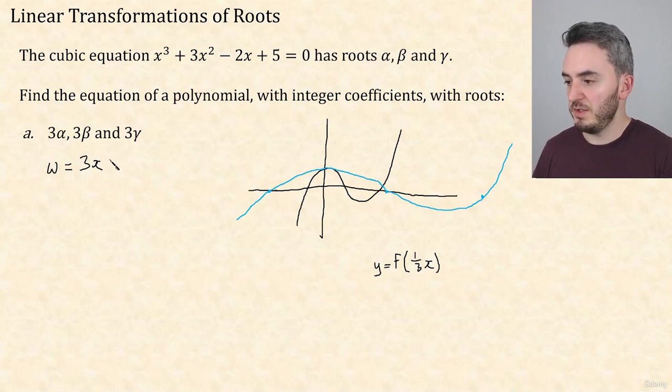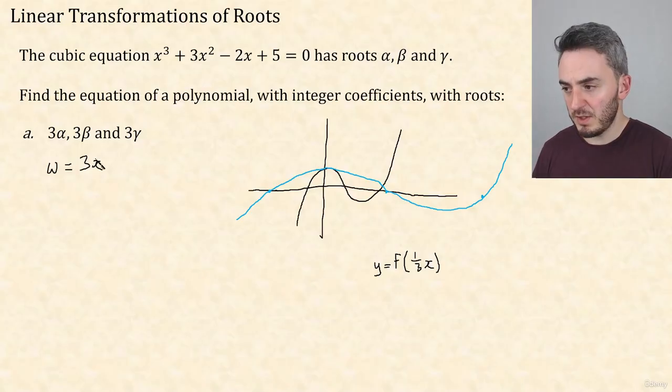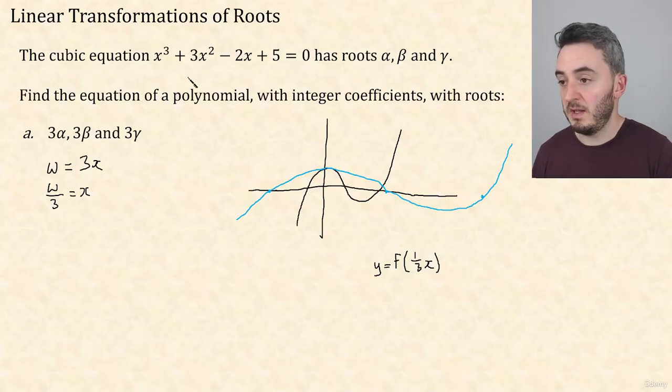So my w roots, 3 alpha, 3 beta, 3 gamma, are 3 times my x roots of alpha, beta and gamma. That's just a description of the relationship. All I need to do then is make x the subject and substitute this value of x, w over 3, into my original equation. And when I do that, what do I get?